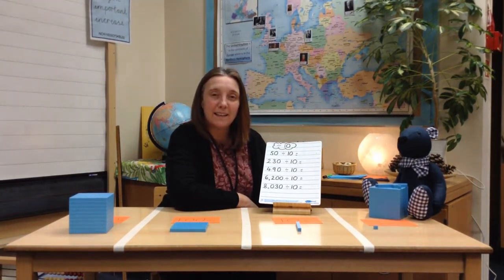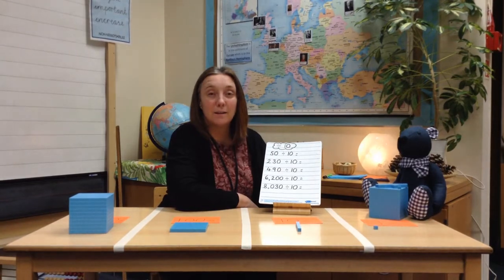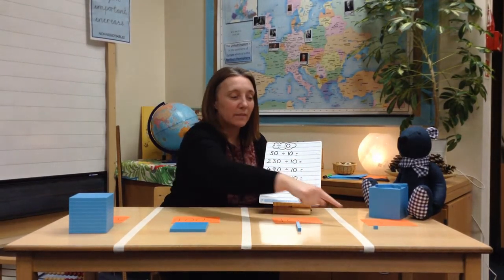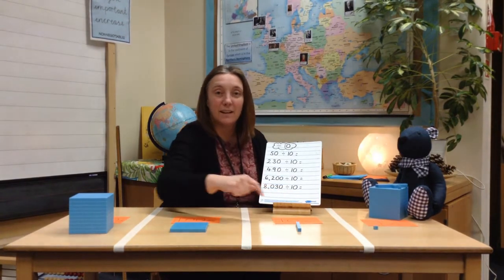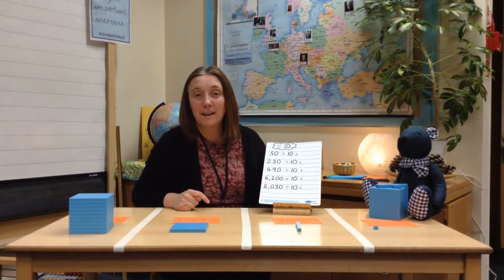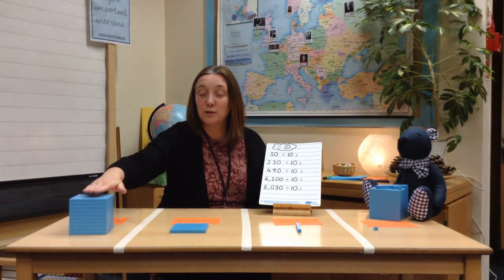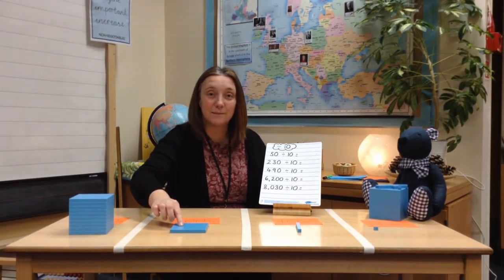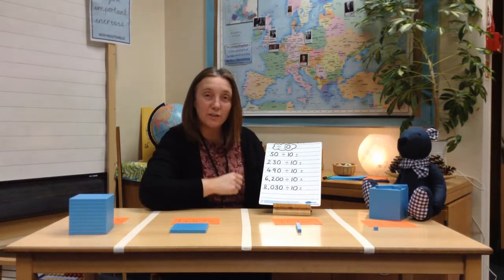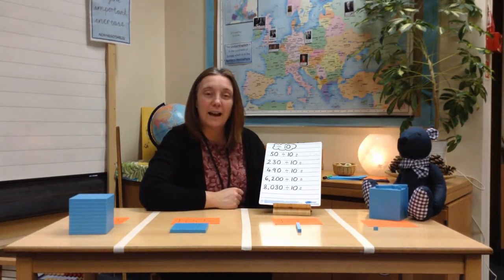When we made things 10 times greater, multiplied by 10, the digits moved one place to the left. This time, when we want to make things 10 times smaller, it moves one space to the right. Let's move on to some calculations now, and I'll show you how to divide numbers by 10.